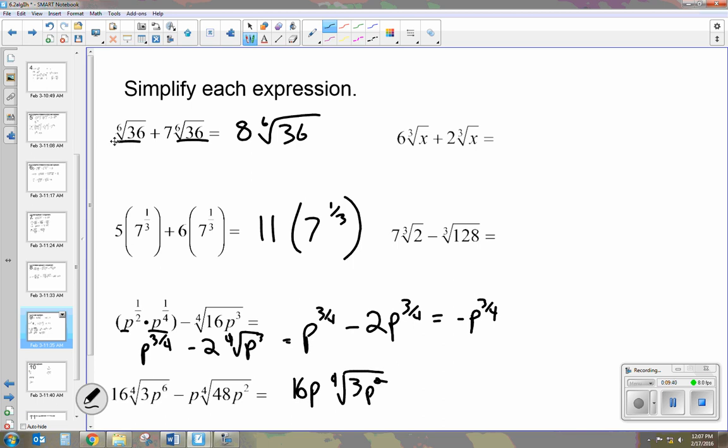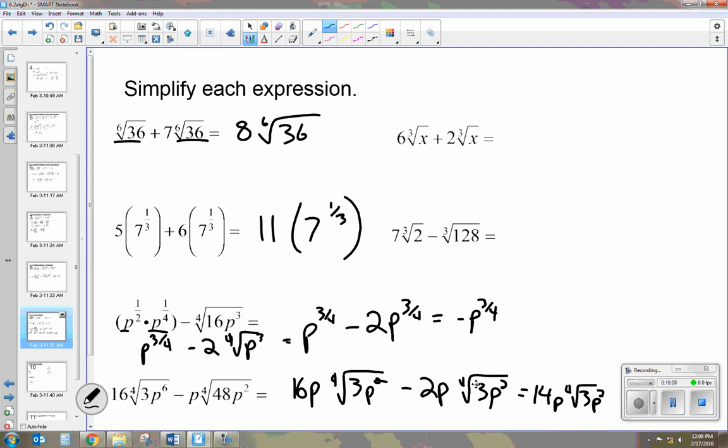And then in this case, we can pull out a 2, so we're left with 2p times the fourth root of 3p squared. We can subtract those, and we're left with 14p times the fourth root of 3p squared.